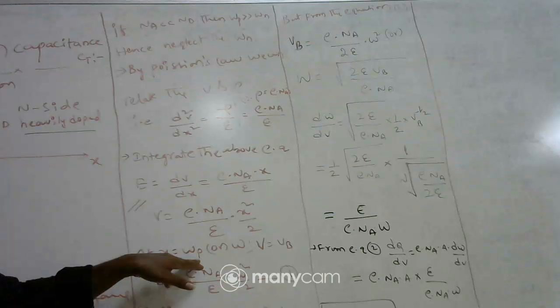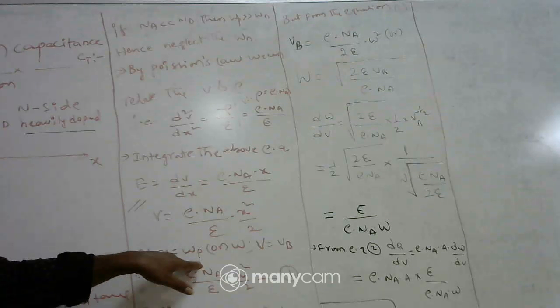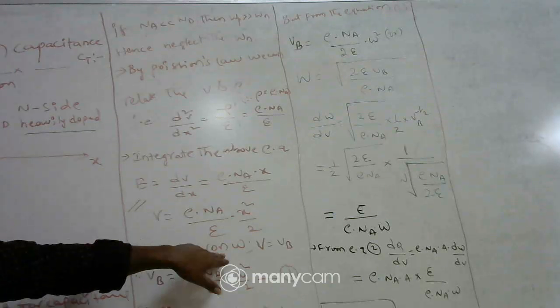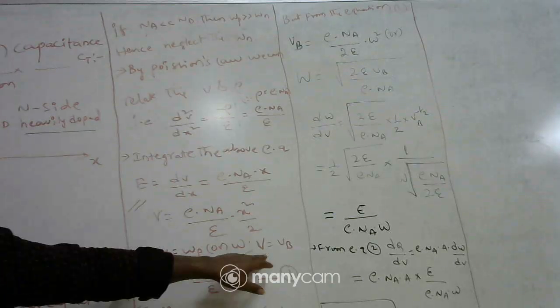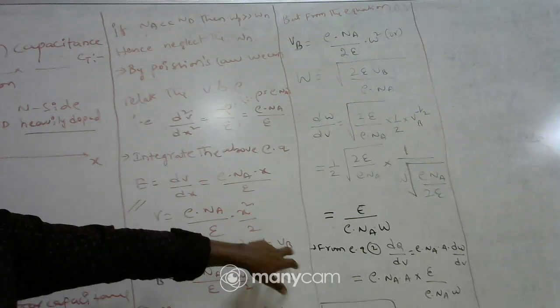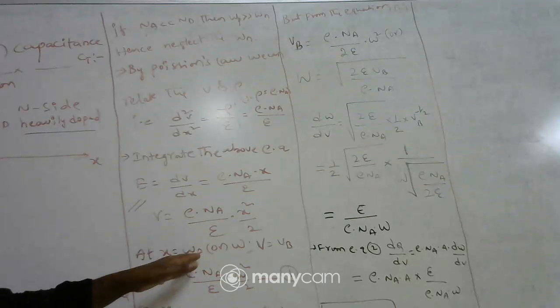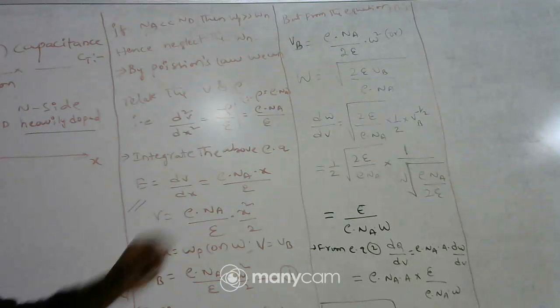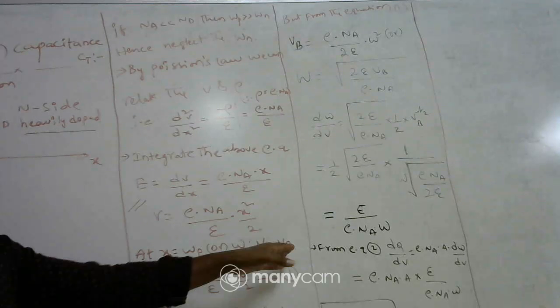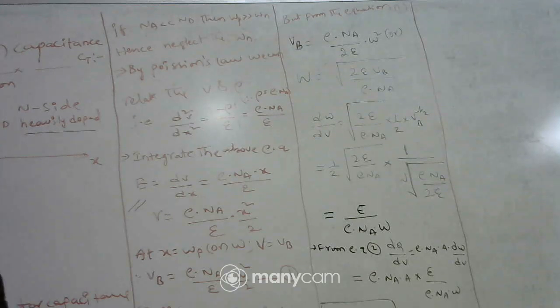At x is equal to omega P, the width of the P region, and if you substitute V is equal to VB, you can write omega P in place of x and the bias potential in place of V. VB is nothing but the applied bias voltage.